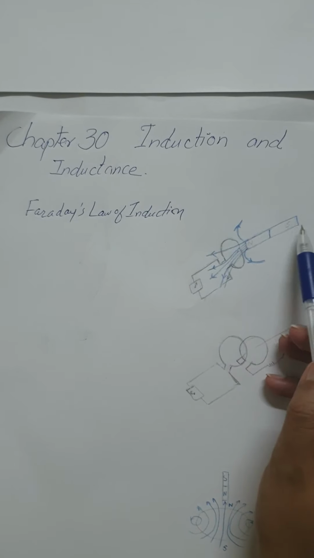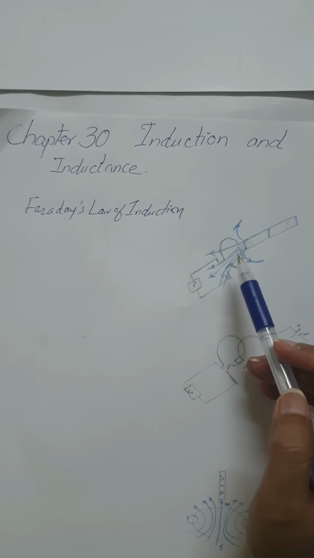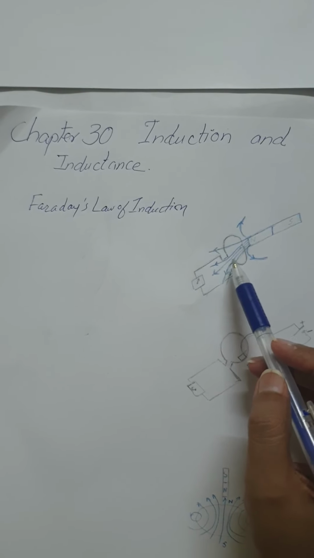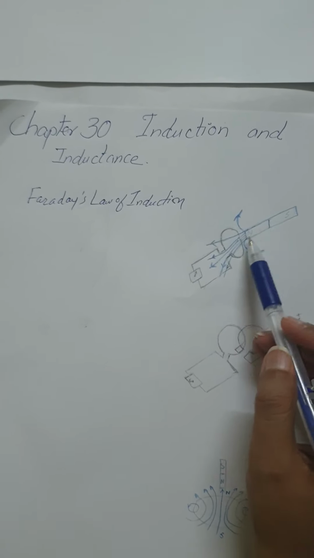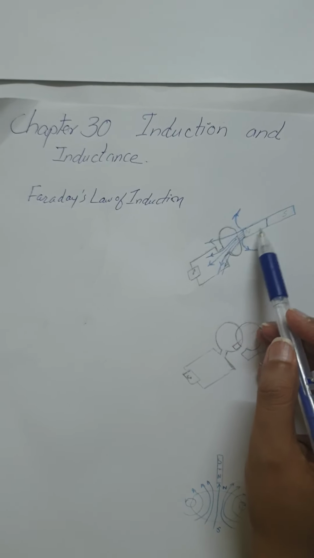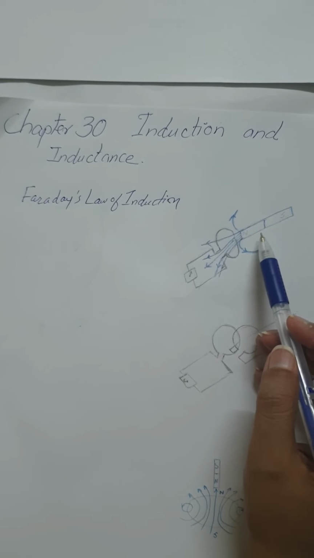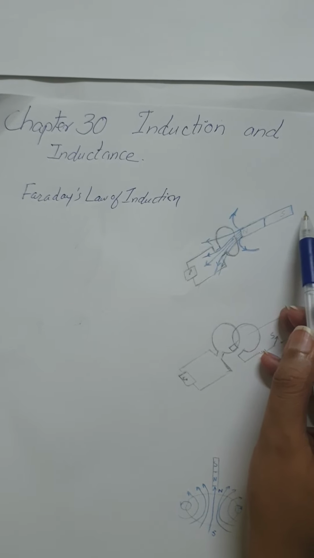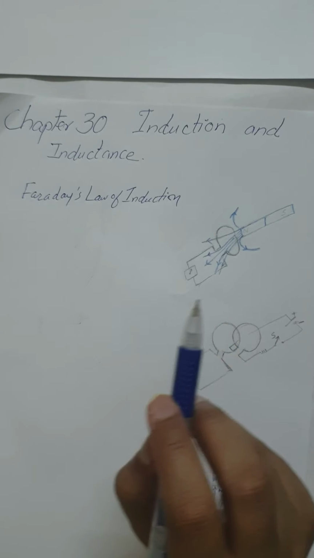Now, if we move a bar magnet toward the loop, a current suddenly appears in the circuit, and the current disappears when the movement of the magnet stops. If we move the magnet away in the opposite direction, a current again suddenly appears in the ammeter, but now in the opposite direction.